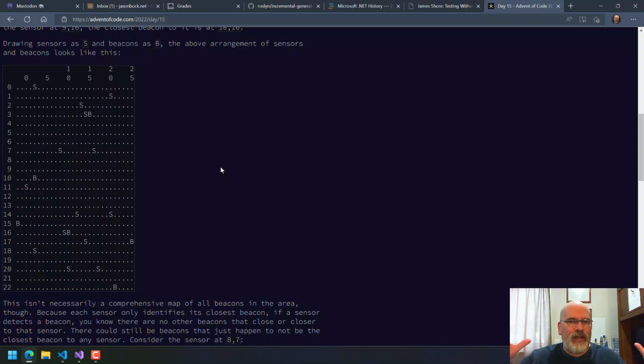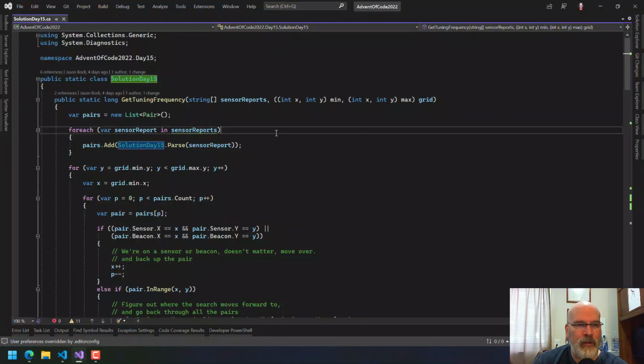And then in the second part, it's the whole range of sensors and beacons and what they are circularly enclosing, and there's one spot in that whole grid where the distress beacon could be. And I remember this as I'm looking through my notes, that the first part wasn't too bad.